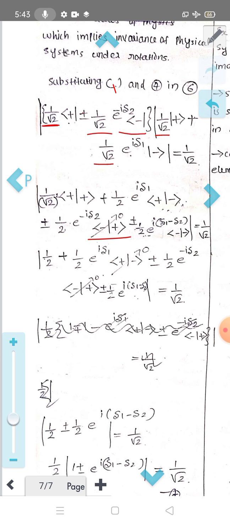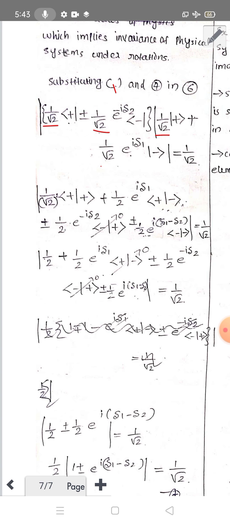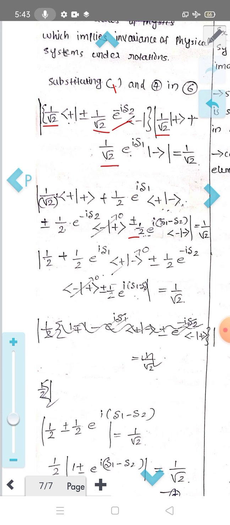Then again plus or minus 1 by root 2 and 1 by root 2 become 1 by 2, then here e raised to minus i delta 2 and e raised to i delta 1, so it is e raised to i into delta 1 minus delta 2 with bra minus and ket minus, that is equal to 1 by 2.